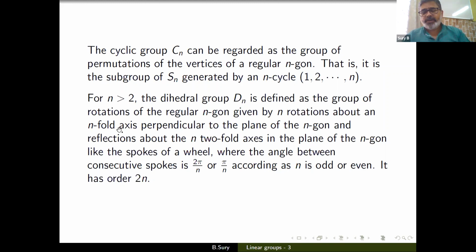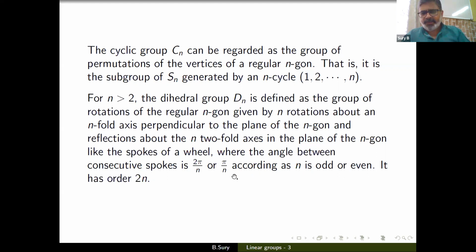The axis might be from a vertex to the midpoint of the opposite side, or between vertices only, like the midpoint of one side and the opposite side.